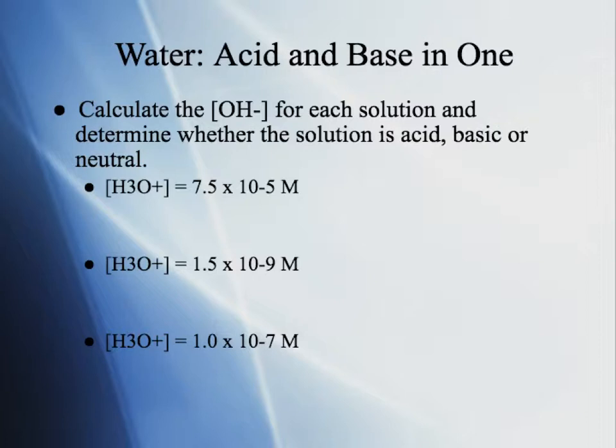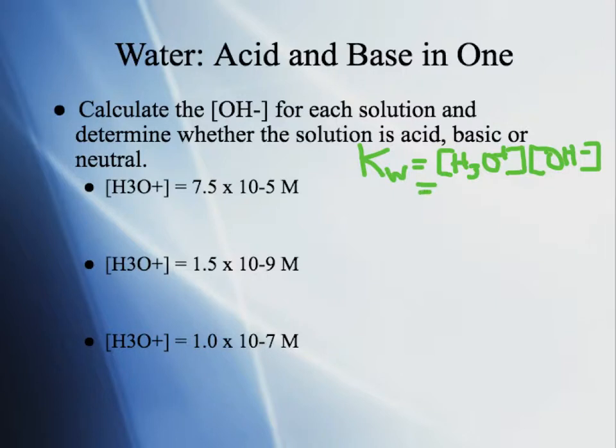Every time we do this, we are going to use our knowledge that the ion constant for water is the H3O plus concentration times the OH minus concentration, and that's going to equal 1.0 times 10 to the negative 14. We're going to use that as our equation.